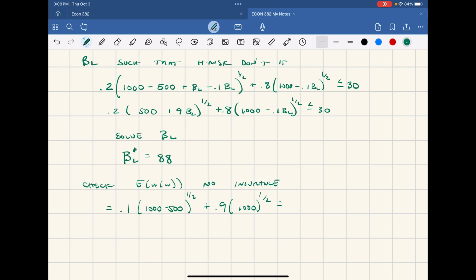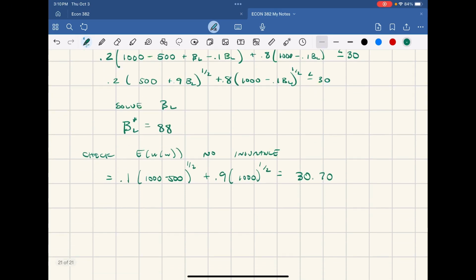So we can go ahead and solve this out, which is 0.1 times the square root of 500 plus 0.9 times the square root of 1,000. And so that utility is equal to 30.70.